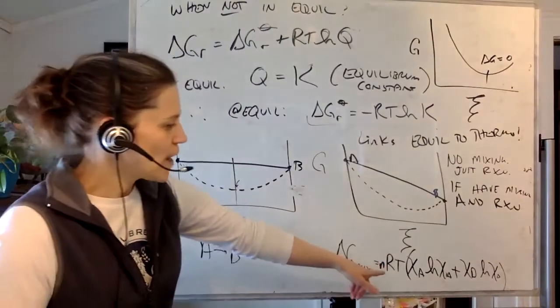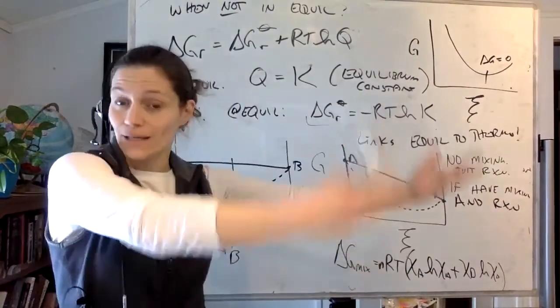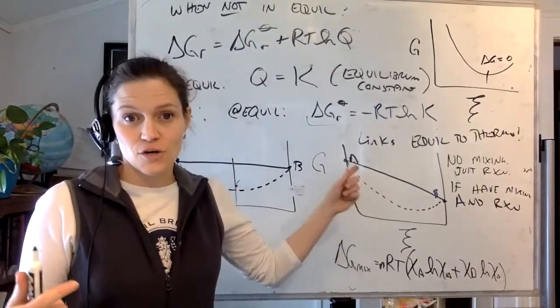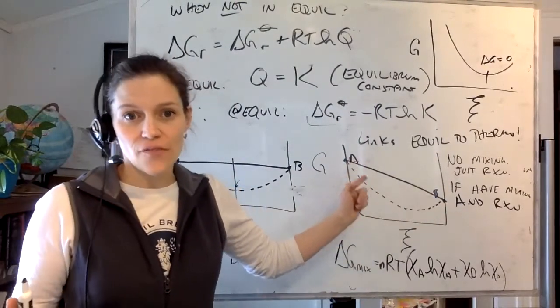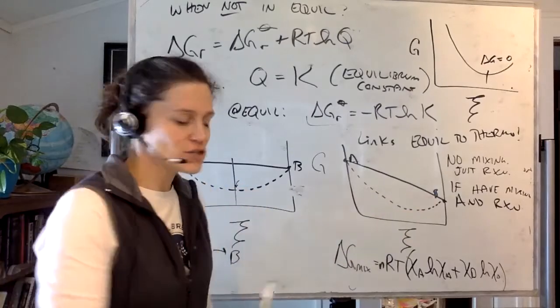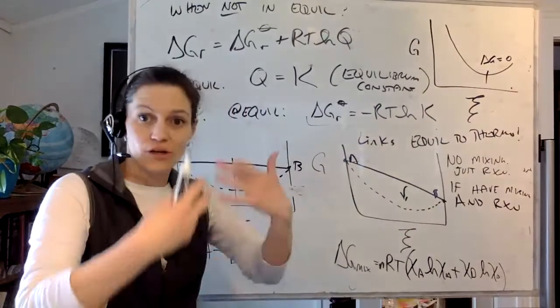So you'll have an additional delta G of mixing added to your delta G of reaction. This is the delta G of reaction, and then with mixing, you're going to get something that looks like this, such that there's an additional minimum that you can find.